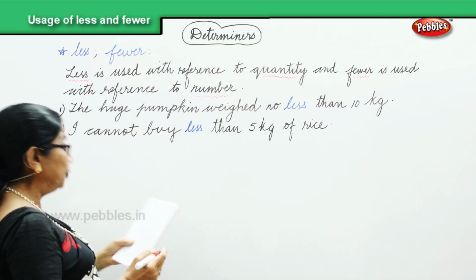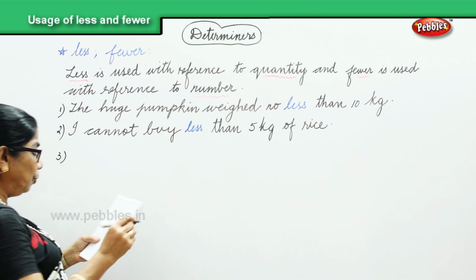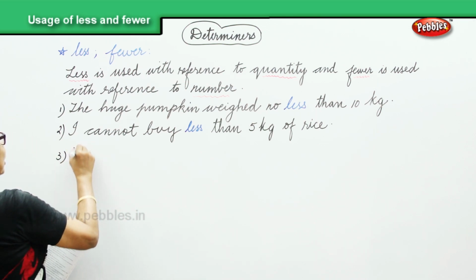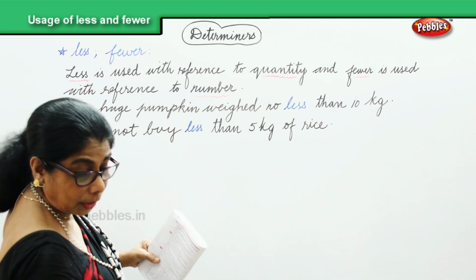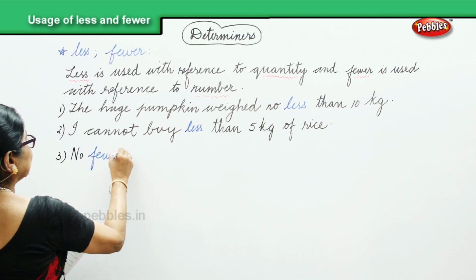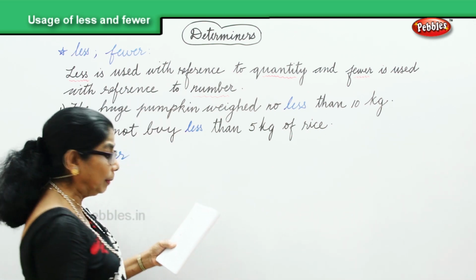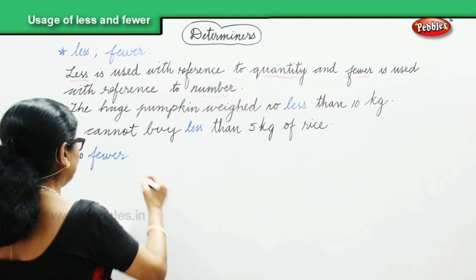Next, look at the next sentence. No fewer than. We are looking at the word fewer. No fewer than 2,000 people joined the strike.